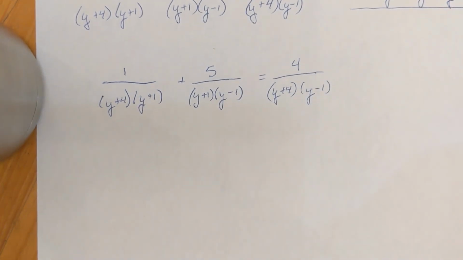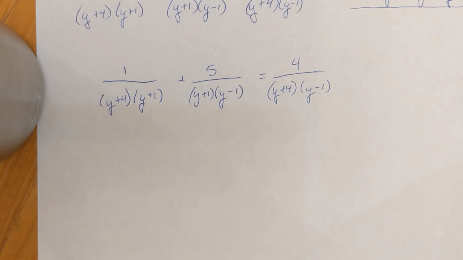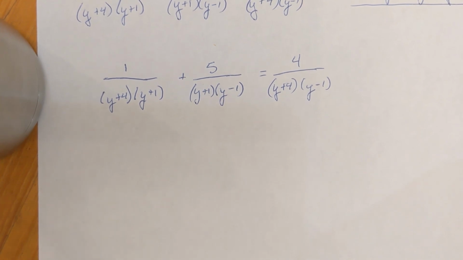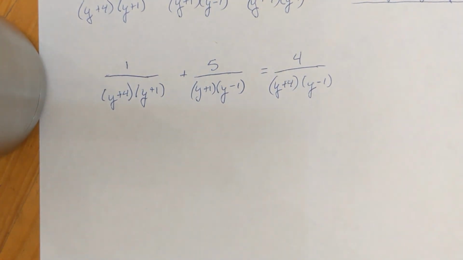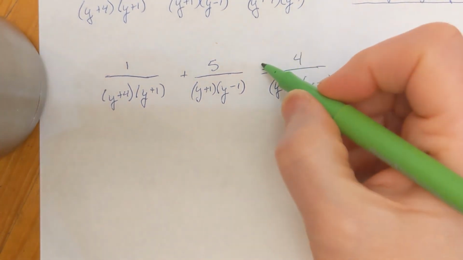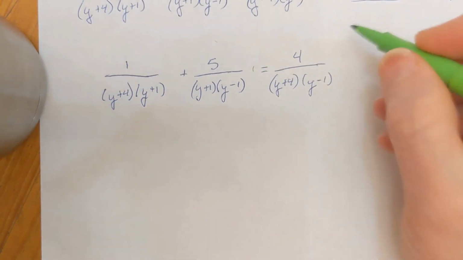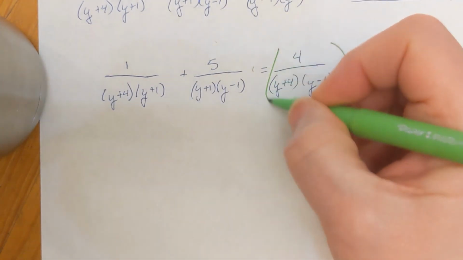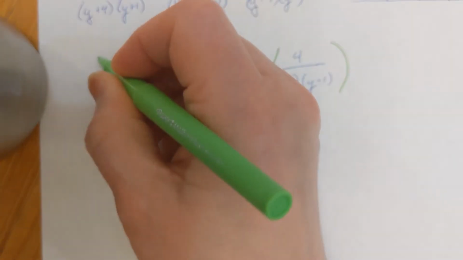Okay. Now I am going to multiply everything by my least common denominator. I can do that because I have an equation. If I have an equation, I can multiply both sides of the equation by the same thing.